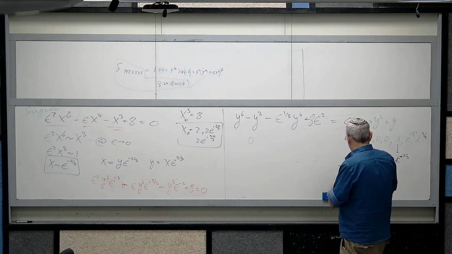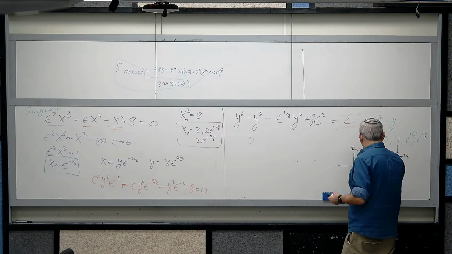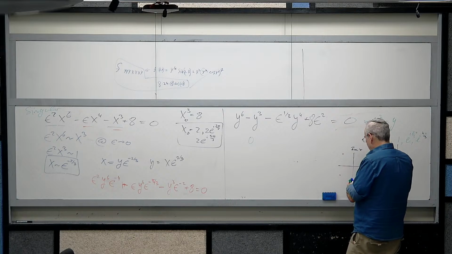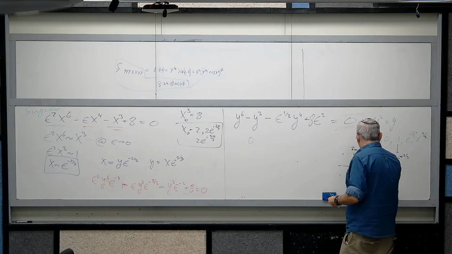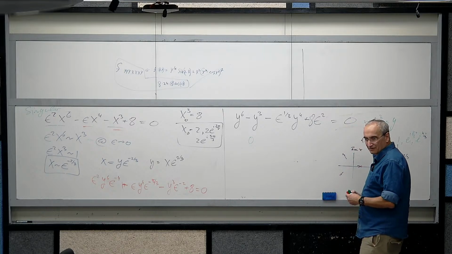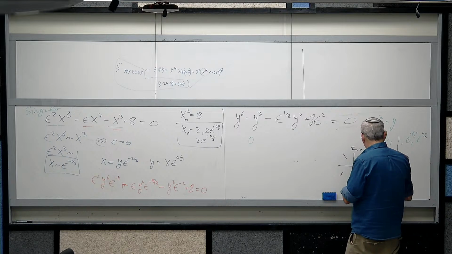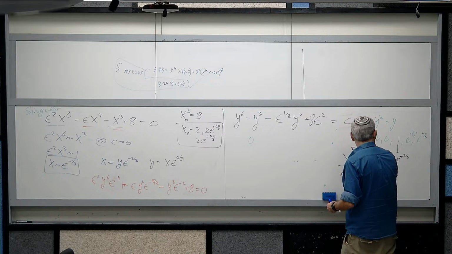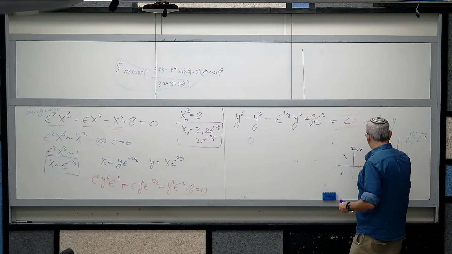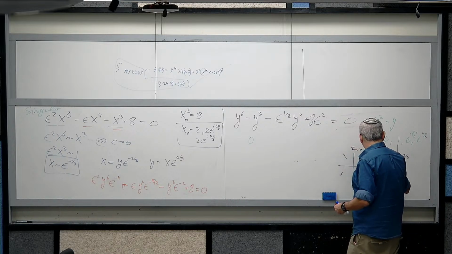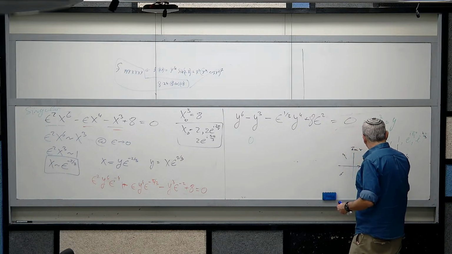You have 6 solutions, 3 of them are approaching a finite number as epsilon goes to 0. The other 3, no, sorry, doesn't matter, right?